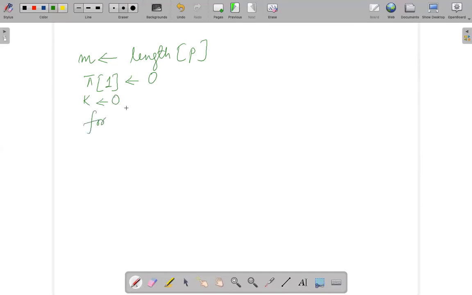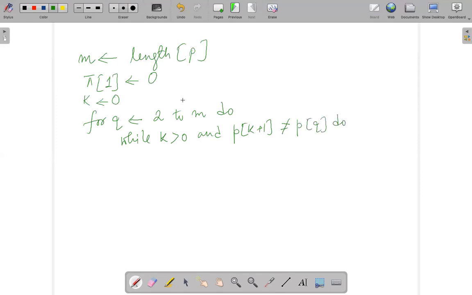Now for q from 2 to M, so we are traversing the pattern itself, we check while k is greater than 0 and p k plus 1 is not equal to p q, do k equals pi k.